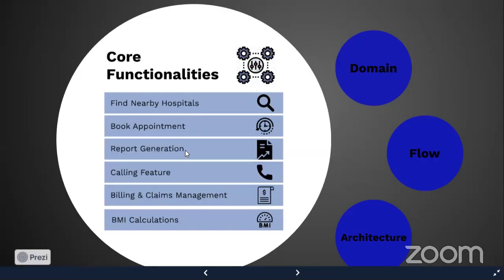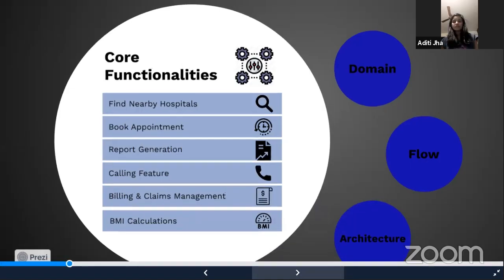There is report generation: when there is a successful meeting between patient and doctor, a report is generated, and the patient gets a notification through mail or WhatsApp. There is a calling feature for emergency mode: when there is an emergency for a patient, there is an audio or video calling feature between patient and doctor. Then there is billing and claims management, and BMI calculations, simple BMI calculations for the patients.